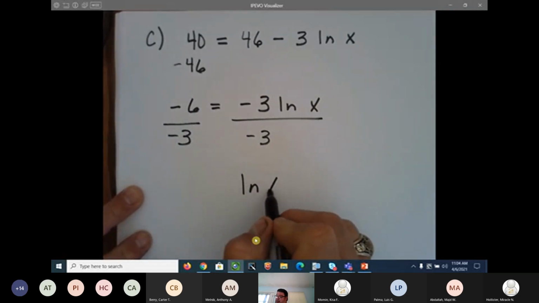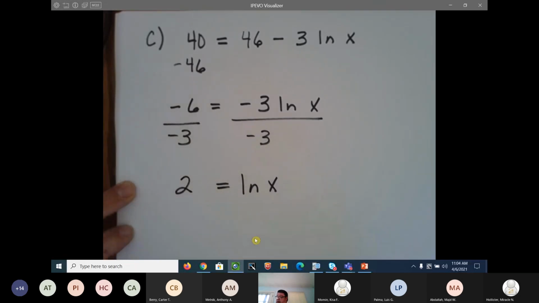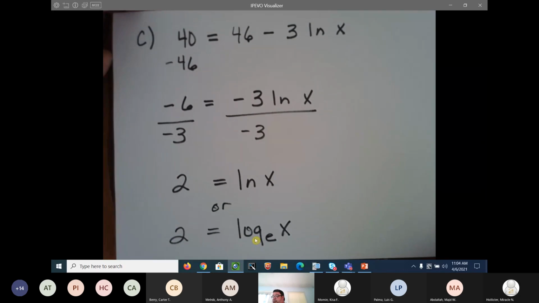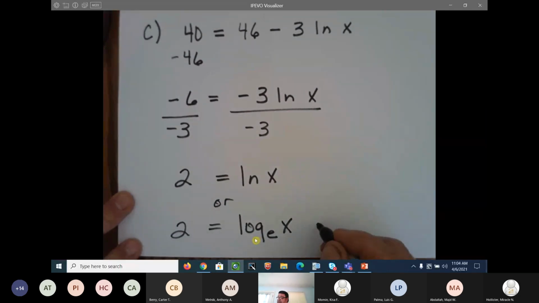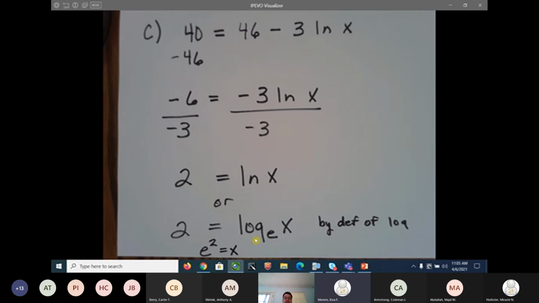And natural log of x is equal to positive 2, or 2 is equal to log base e of x. And by using the definition of a logarithm, which I taught you back in the review section, y is equal to log base a of x is equal to a to the y, e to the second is equal to x.